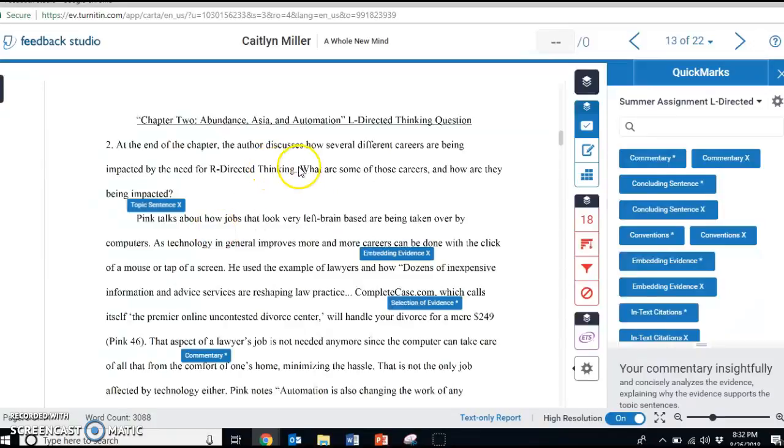So like this question is, what are some of the careers that are being impacted by the need for R-directed thinking, and how are they being impacted? I think you talked about the left brain being taken over by computers, which is kind of the how they're impacted, but I don't get a little preview of what some of those careers are. So just really make sure you're looking back to all parts of the question to answer it.